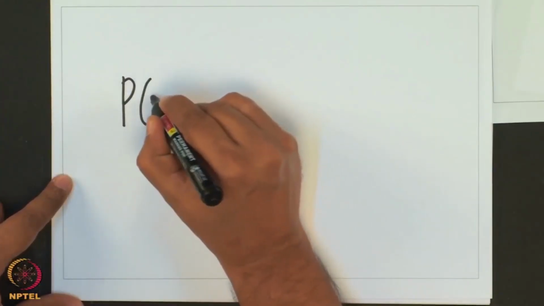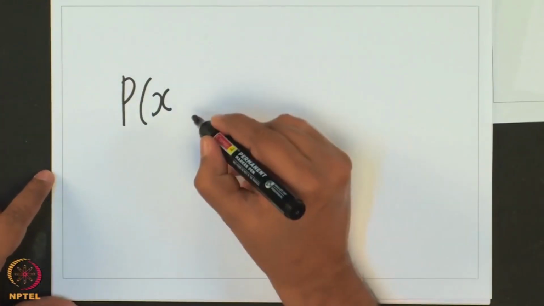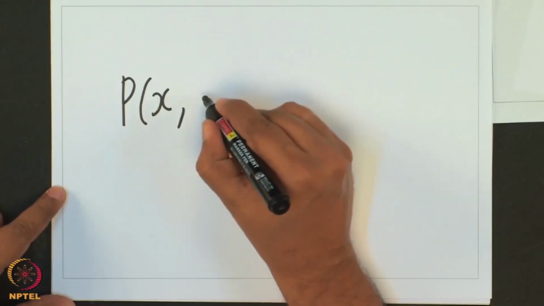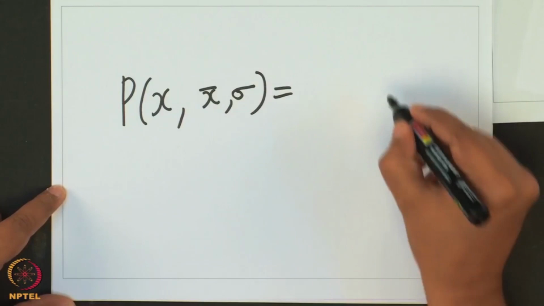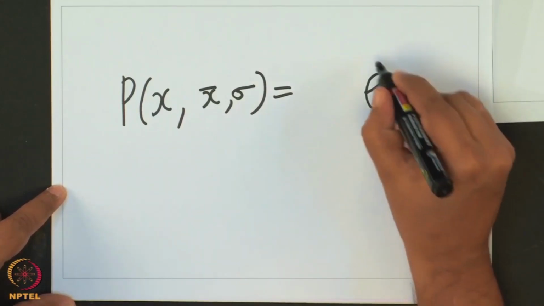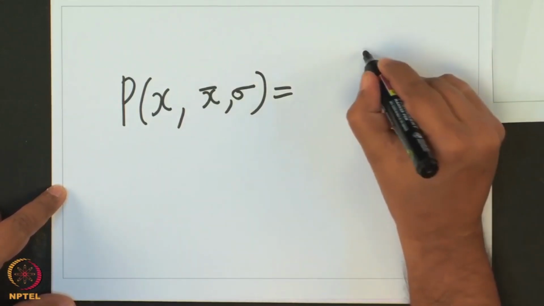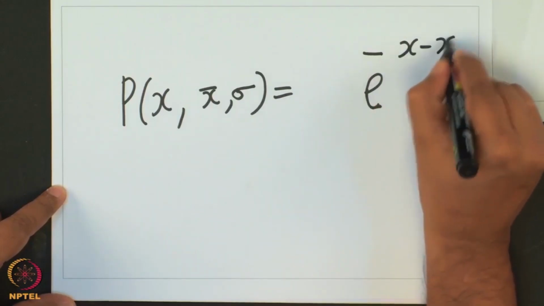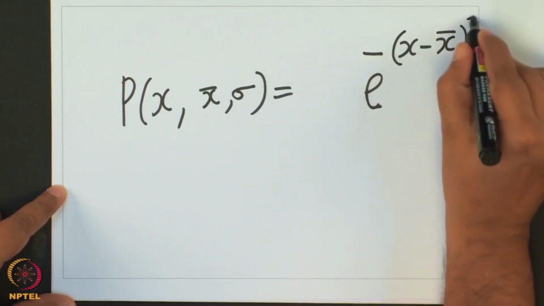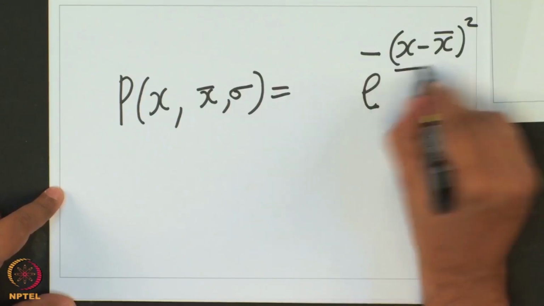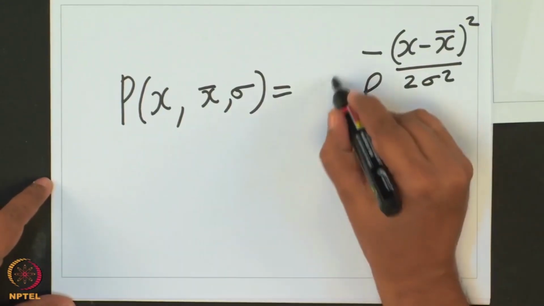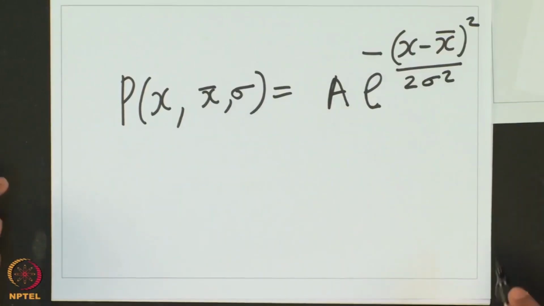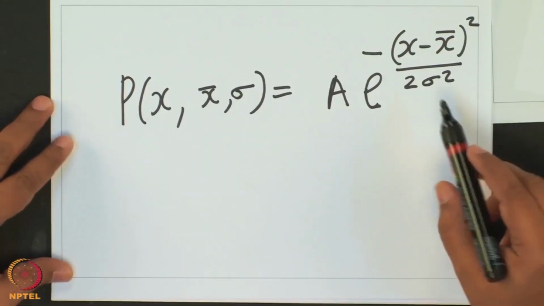So P of x, the probability to have any value around x given an x bar and a sigma, is a normal distribution, a Gaussian function: e to the power minus (x minus x bar) whole square divided by 2 sigma square, times some constant A. So this is the mathematical form.